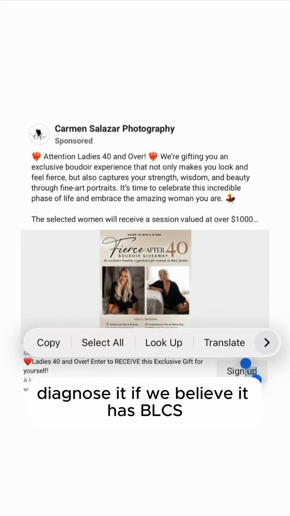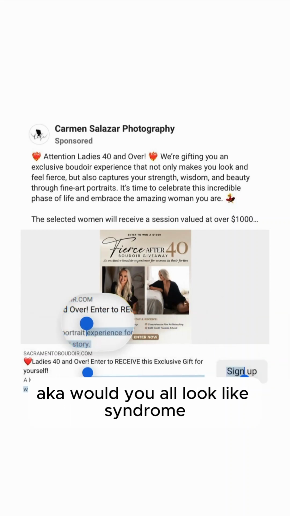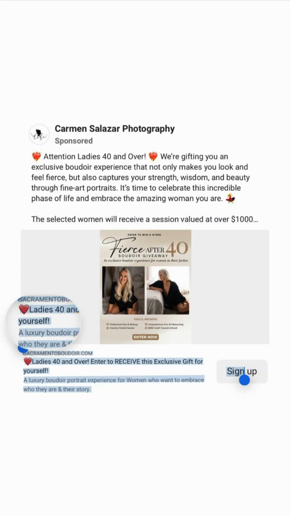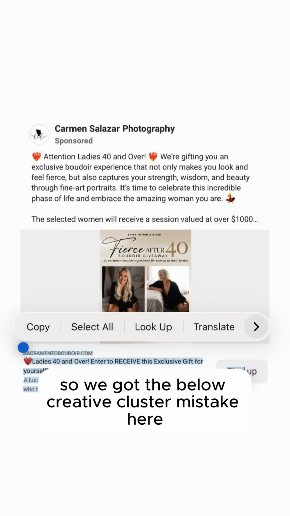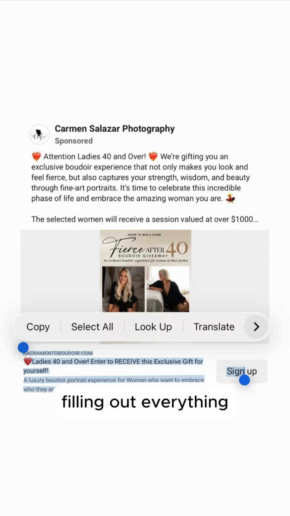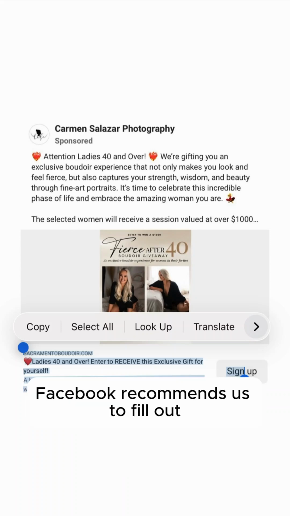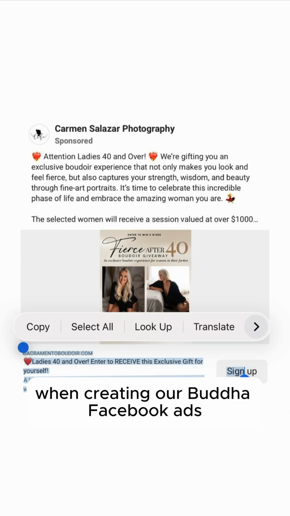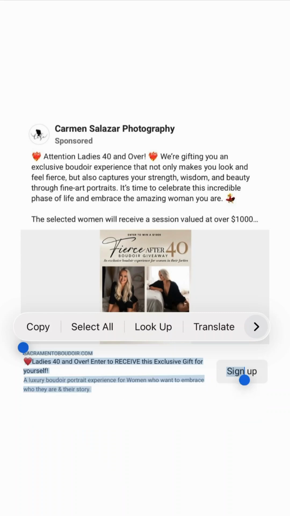So looking at this, we're actually going to diagnose it, see if we believe it has BLCS, aka Boudoir low click syndrome. So I'm looking down here. So we got the below creative cluster mistake here. The false belief that caused us to make this mistake is filling out everything Facebook recommends us to fill out when creating our Boudoir Facebook ads.